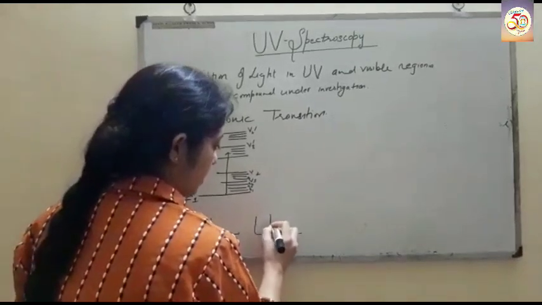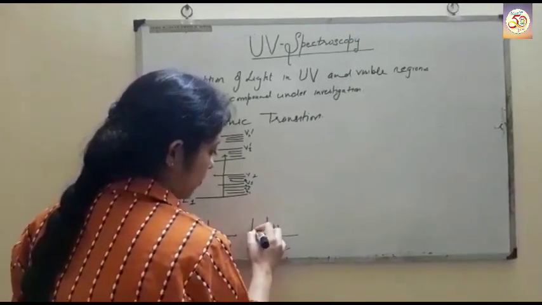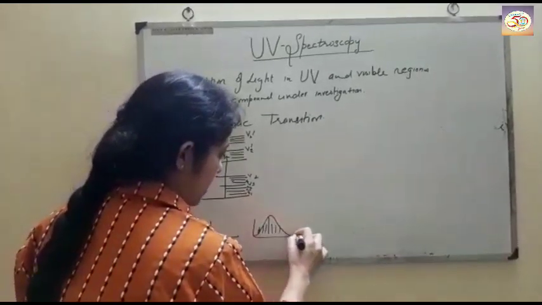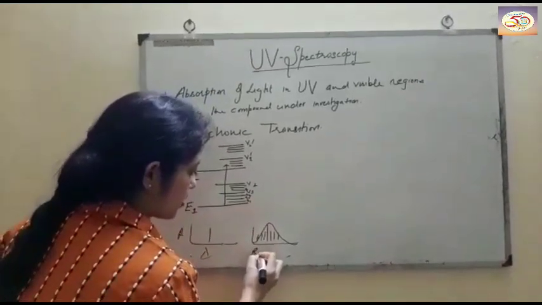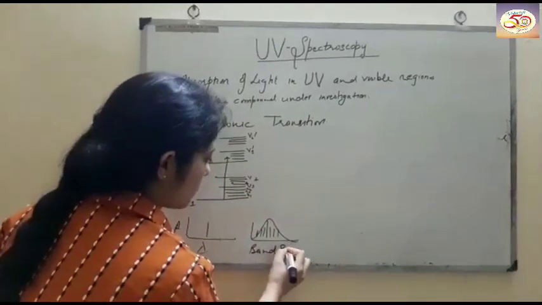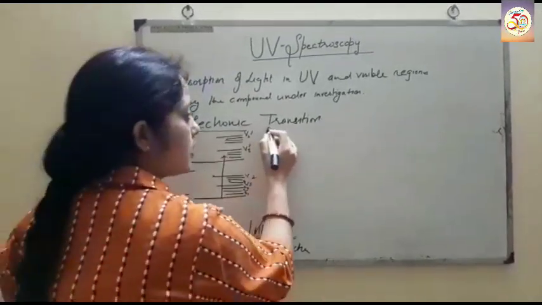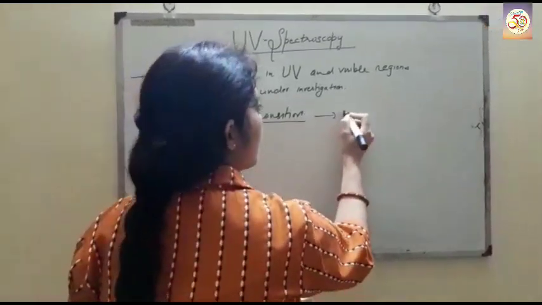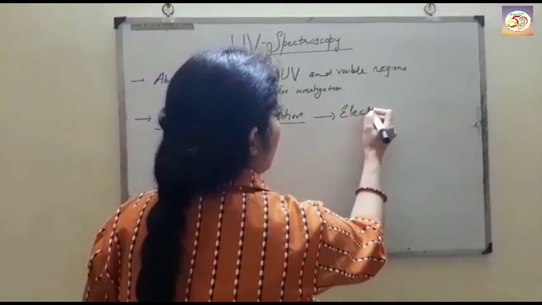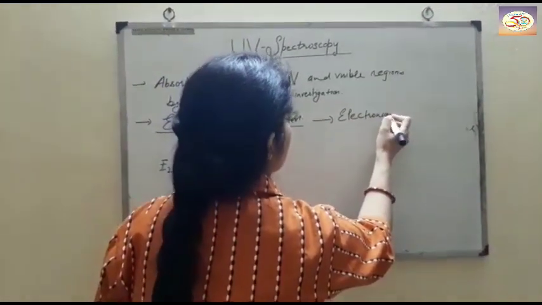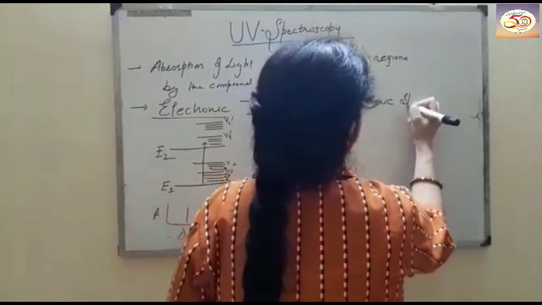We actually get a series of lines that appear as a band, so it is called band spectra. As it involves electronic transition, it is also called electronic spectroscopy.